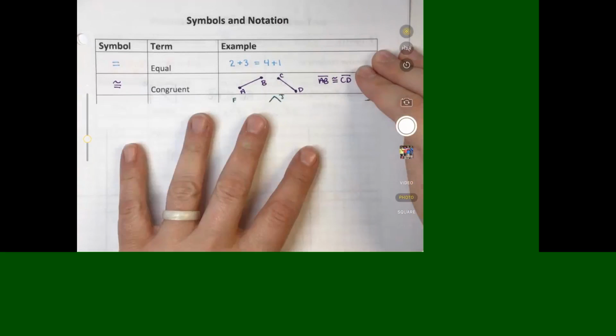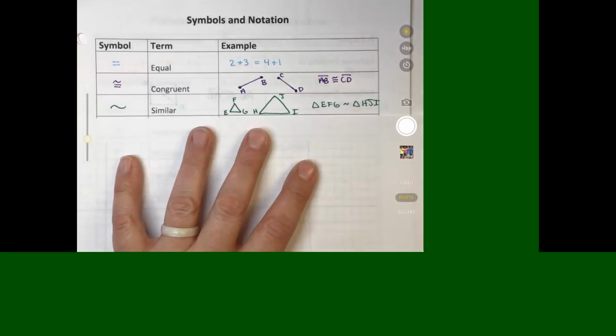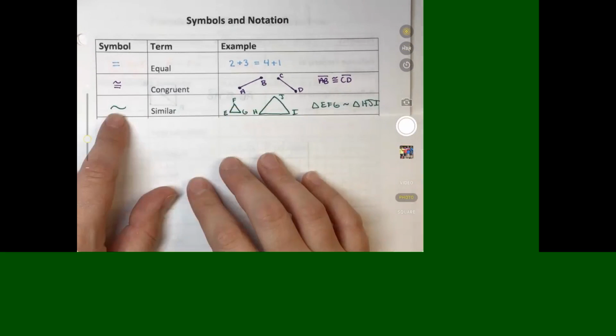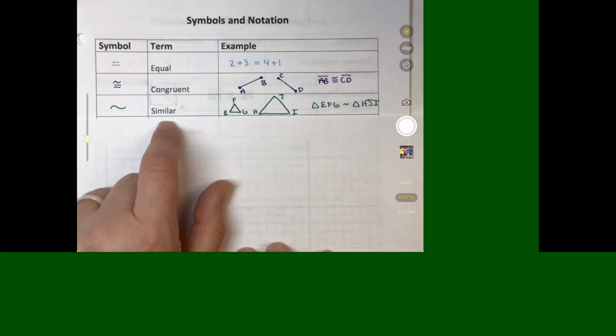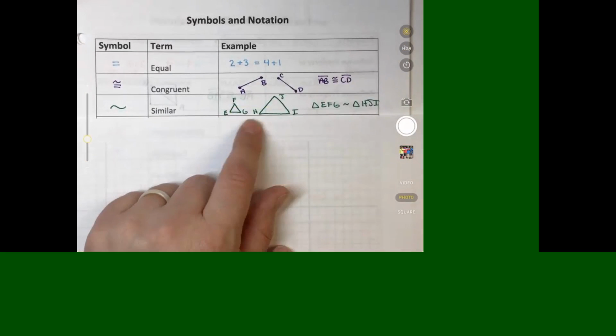Next one is similar. The symbol for similar is just one of these squiggly lines. It's a tilde, it's above the tab button on your keyboard, okay? And it means similar. So these two triangles here are not equal.